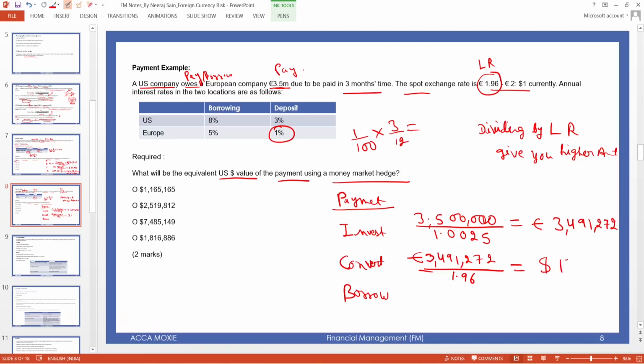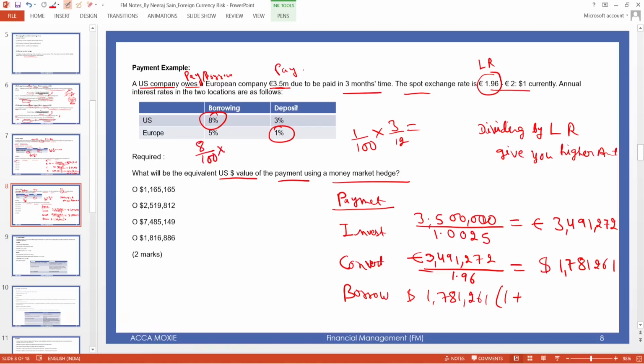This is the dollar, 1781261. Then you have to multiply it by 1 plus the US borrowing rate.